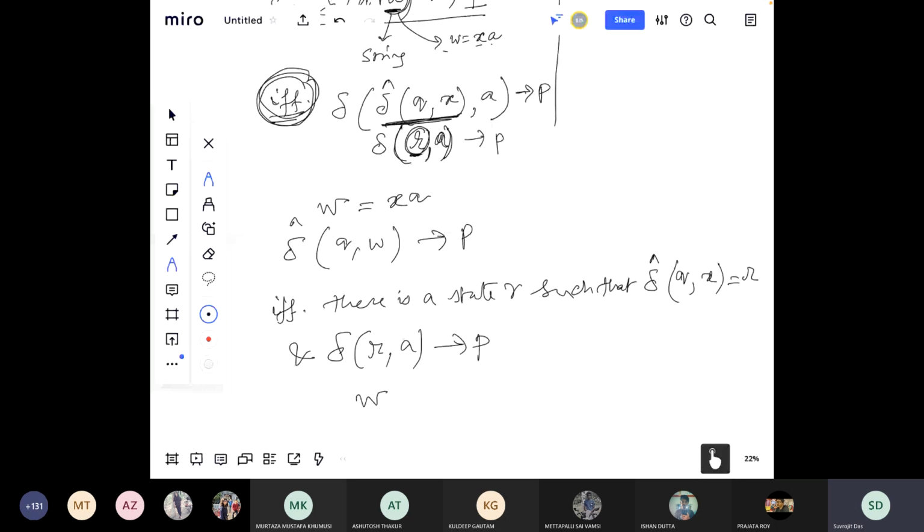So if I think of W as a string like A, B, A, B, A, the intermediate states at every intermediate position should exist physically.